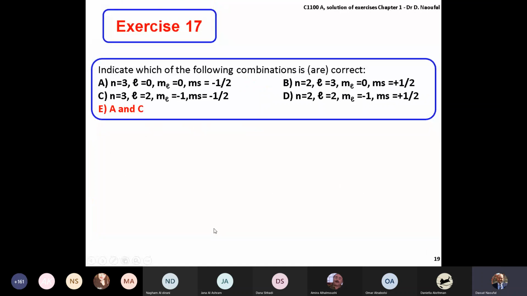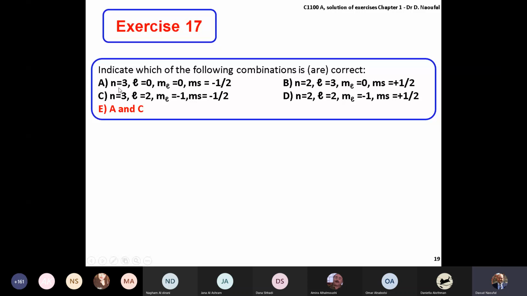We pass to exercise 17, and this is the application of Schrödinger equation and the set of quantum numbers. Indicate which of the following combinations is or are correct.